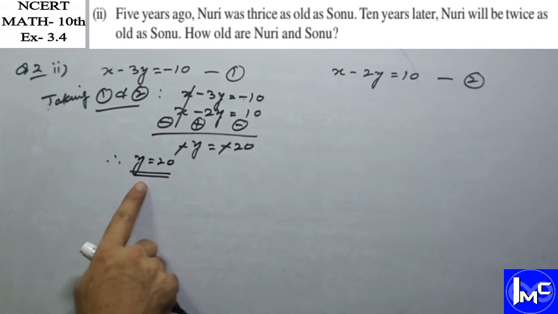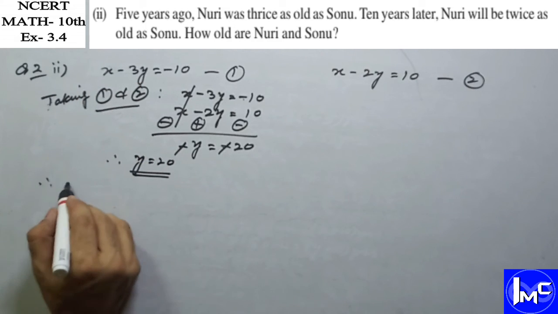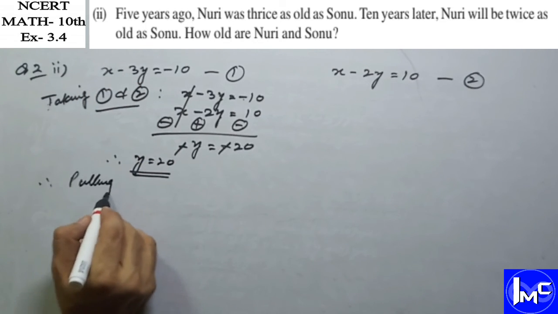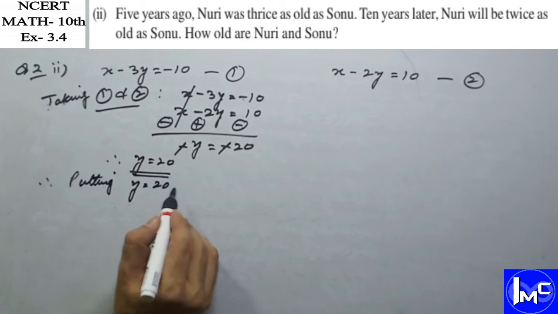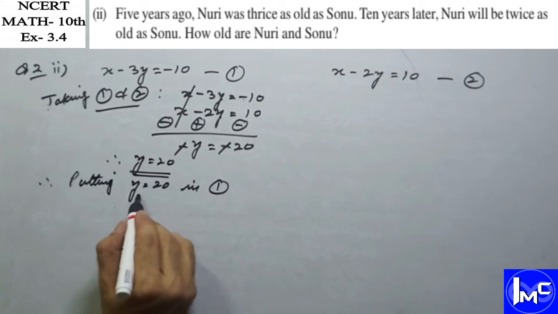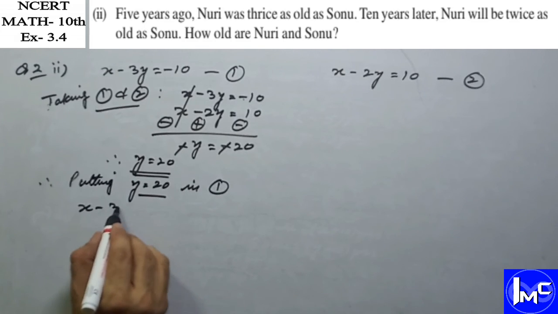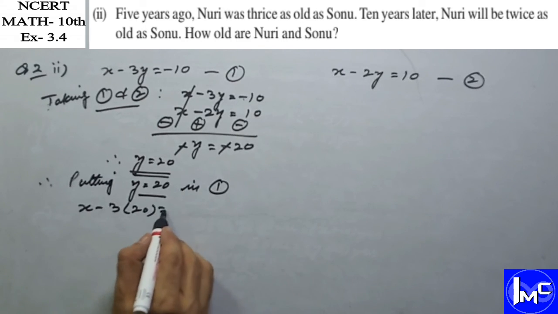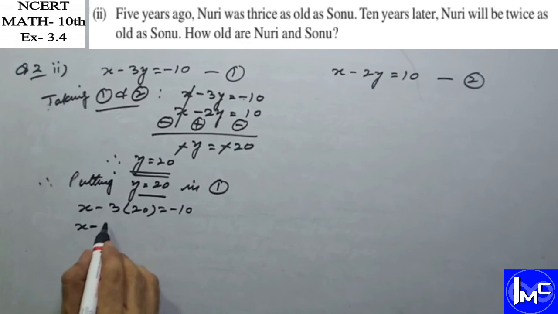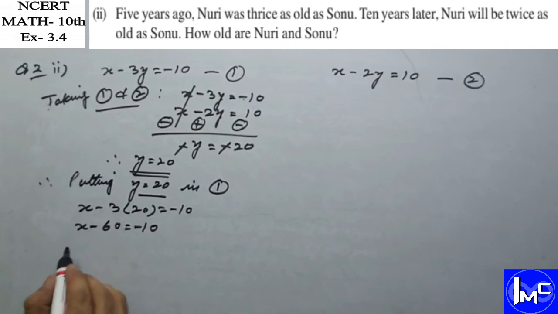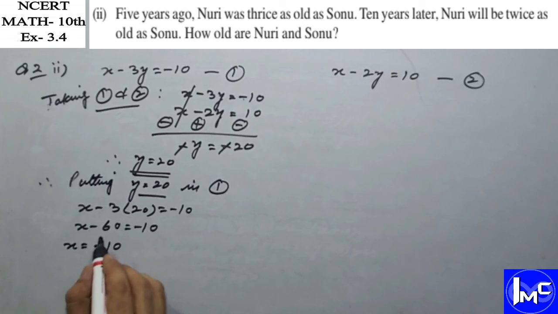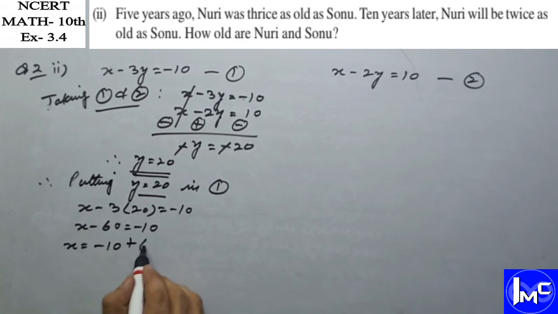I will substitute this value in equation 1, putting y is equal to 20. In the first equation it will be x minus 3 into 20 is equal to minus 10, and x minus 60 is equal to minus 10, 60 will be shifted to the right side and it will be of positive sign, and x is equal to 50.